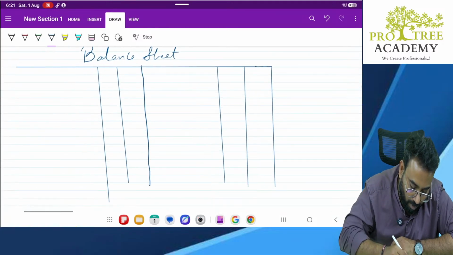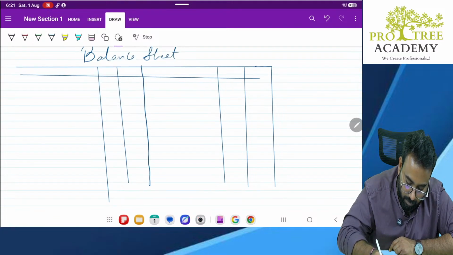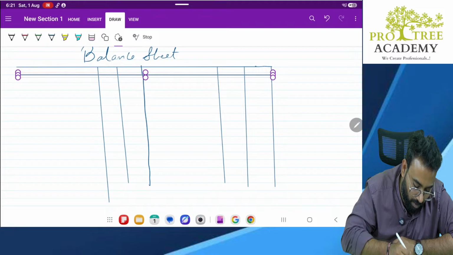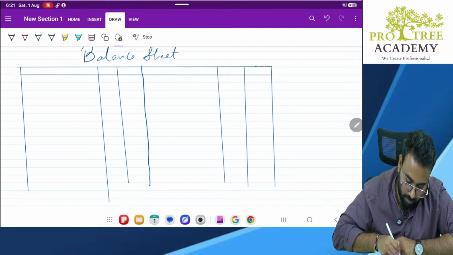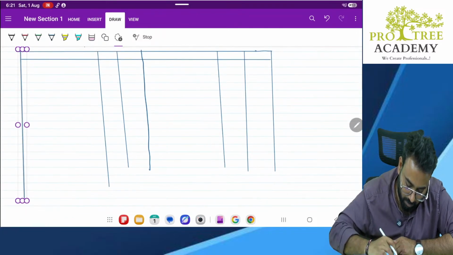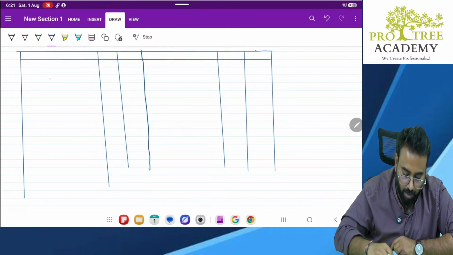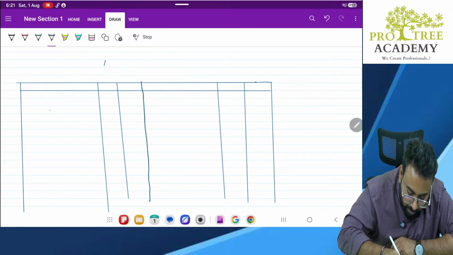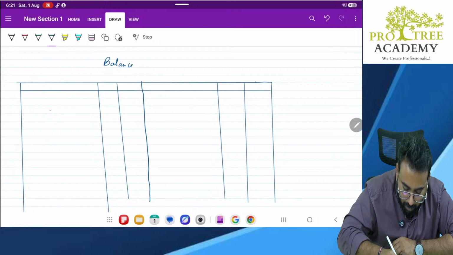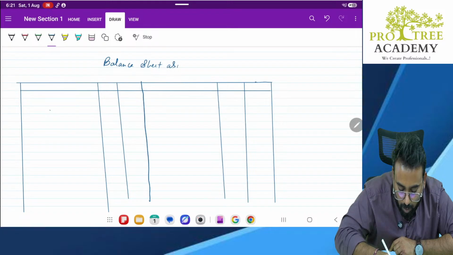So balance sheet is always prepared as on 31st March 2026.